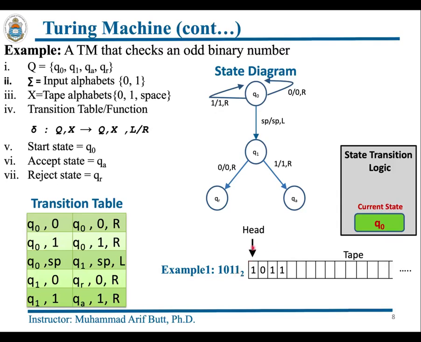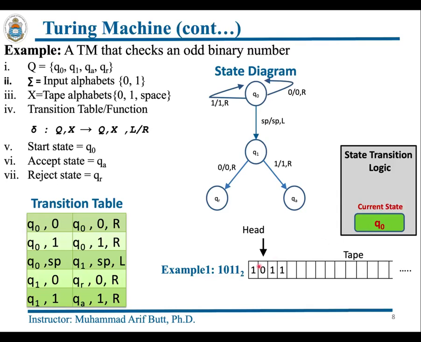However, let me check it step by step. Right now the current state is Q0, head is pointing at this location of the tape and the symbol is 1. So at Q0, if we read 1, we replace it with 1, stay at Q0 and move the head to the right.